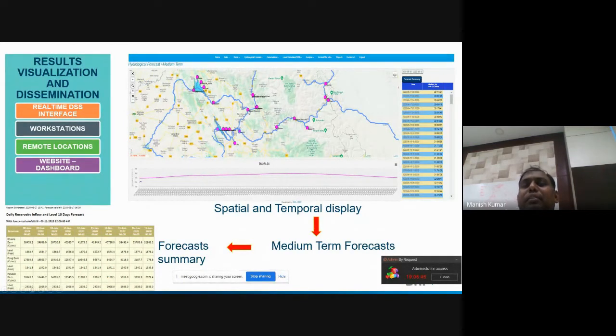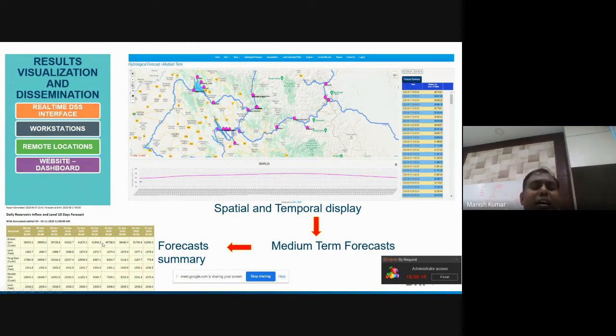And here we have Pandoh Dam, which releases a certain amount of water from this basin to this basin and generates power. So inter-basin transfer is also there. We are using these models to provide a forecast, and the forecast is available at all the discharge sites as well as at the reservoir.